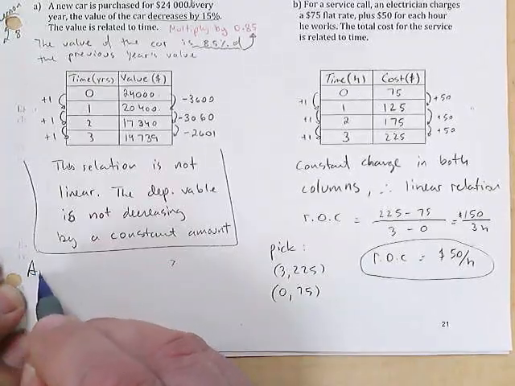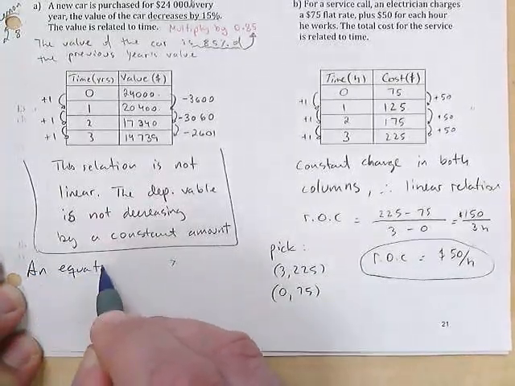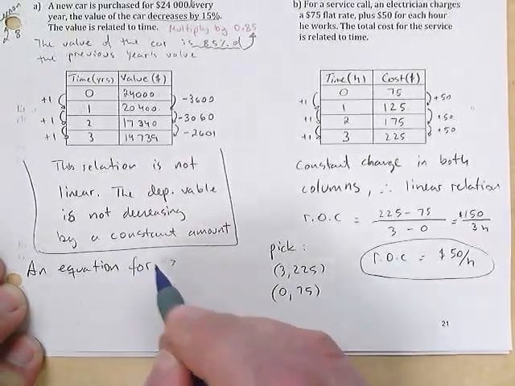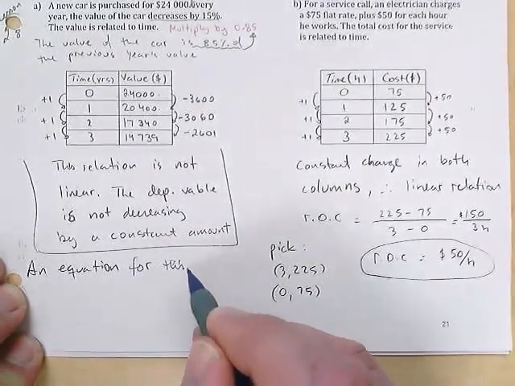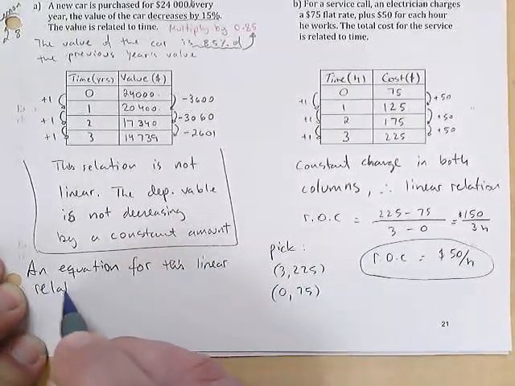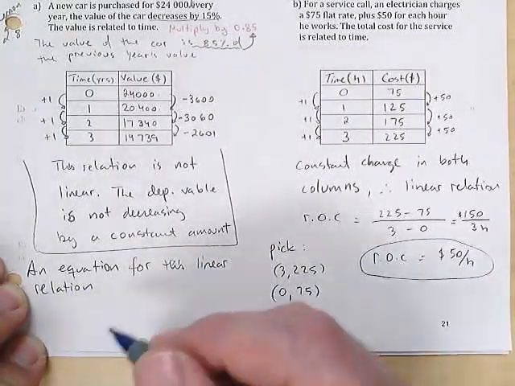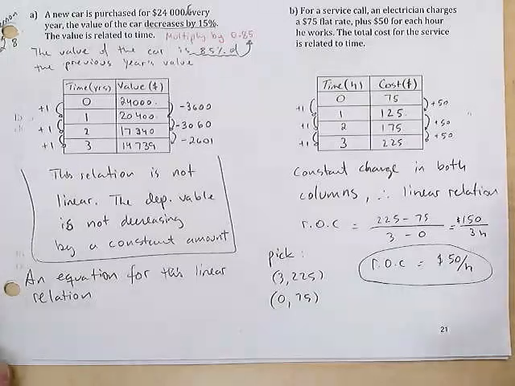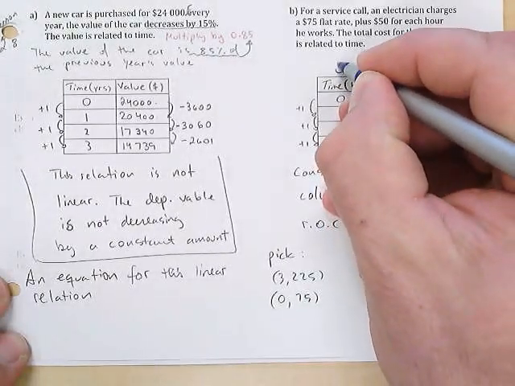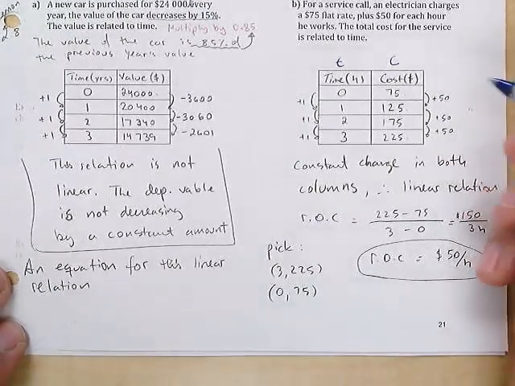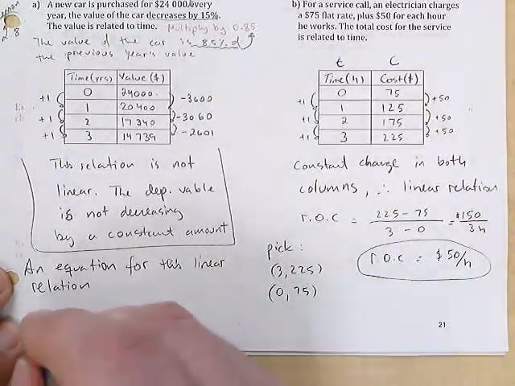Equation. An equation for this linear relation? What would it be? Well, first of all, you got to give it variables, okay? Let's give this T for time, C for cost. What would be the total cost to you, the customer?